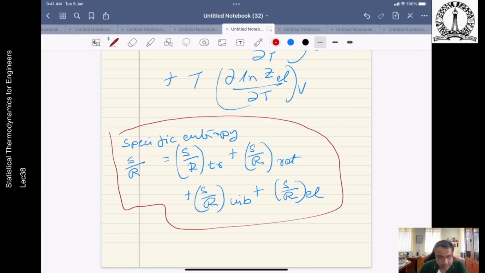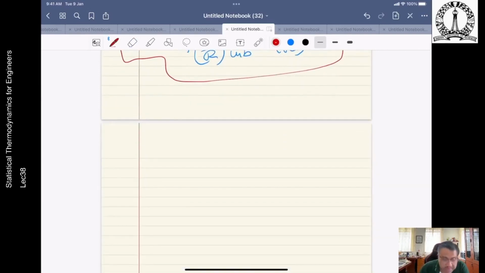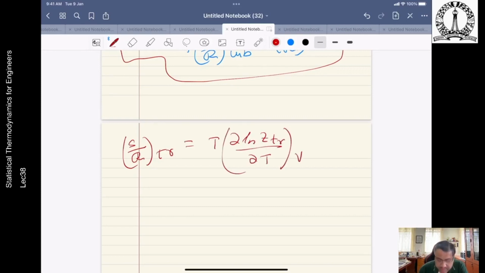Now for the translational mode, S translational by R is written as d ln Z translational by dT at constant V plus ln Z translational by N plus 1.